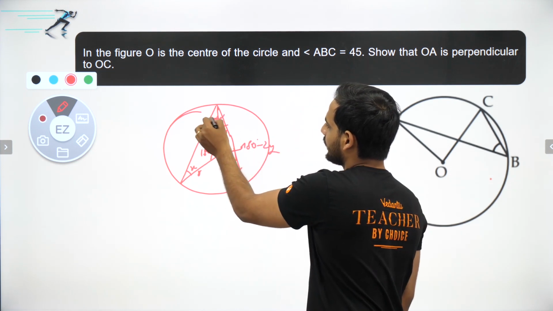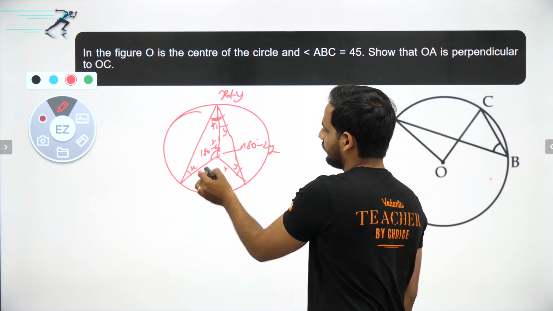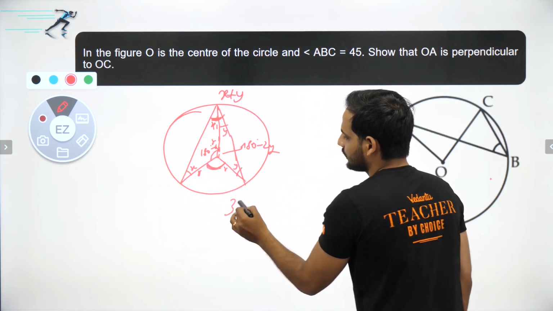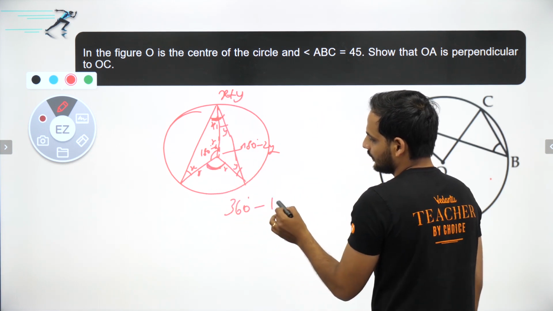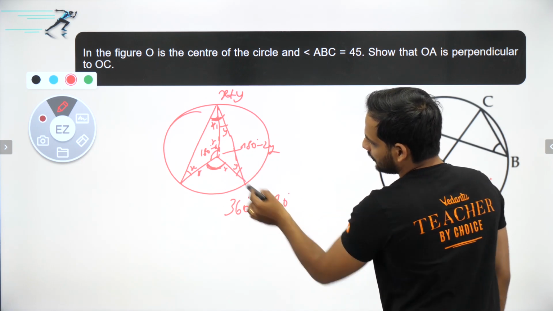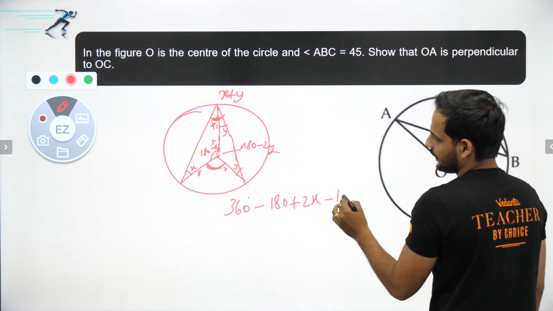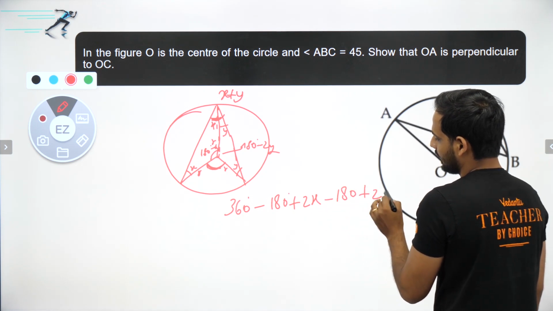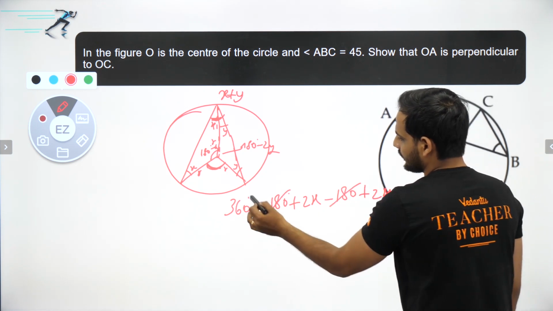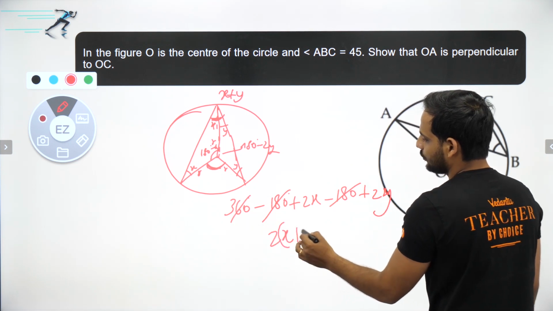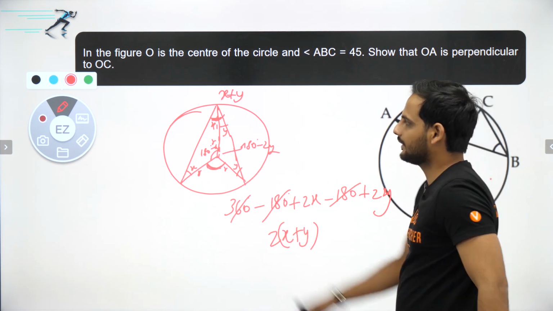So here this angle you have got as x plus y. And what will be this angle? This angle will be 360 minus (180 minus 2x) minus (180 minus 2y). So you can see these will get cancelled. So this angle will become 2 times x plus y. So double of that angle.